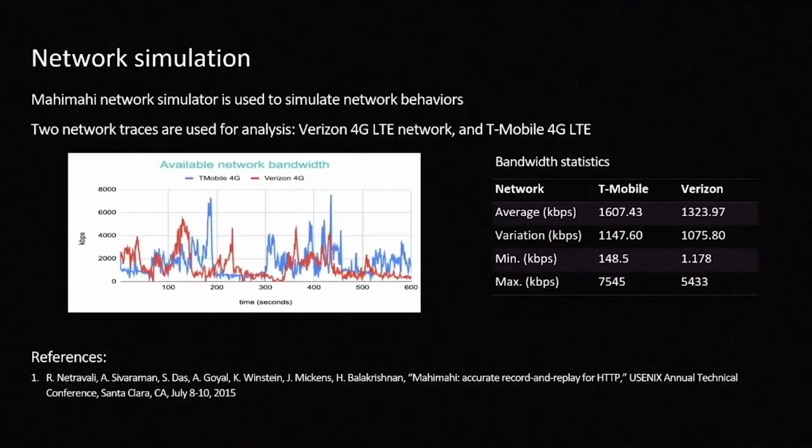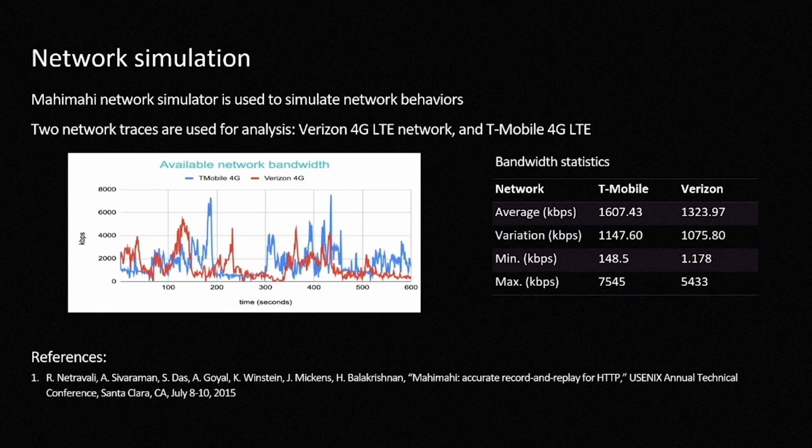Specifically, what we used for network simulator was Mahimahi network simulator, which is a high accuracy, low level simulator that can reproduce network behavior based on pre-recorded traces of physical networks measured in the field. Specific traces that we used were recorded traces of behavior of Verizon 4G LTE network as well as T-Mobile 4G LTE network.